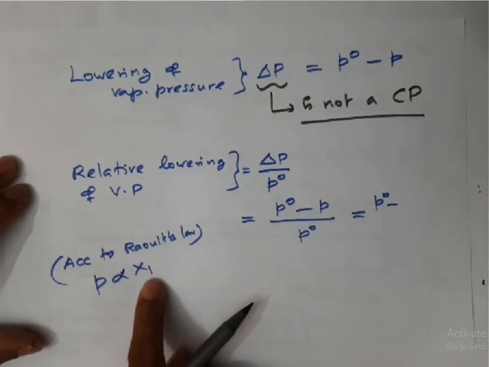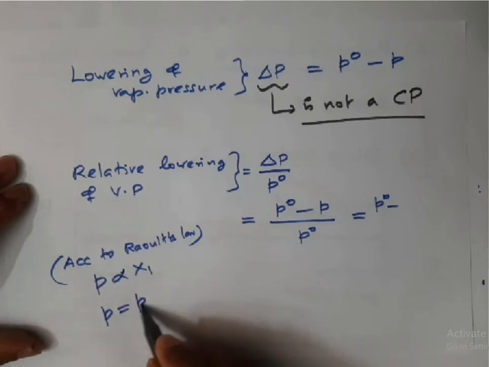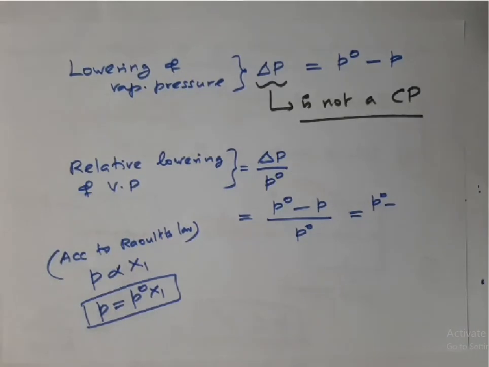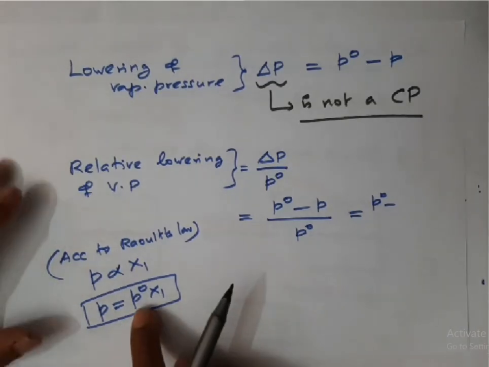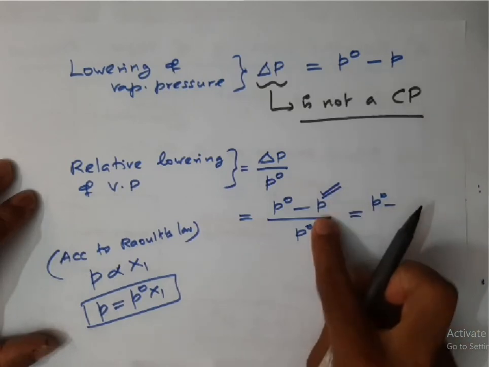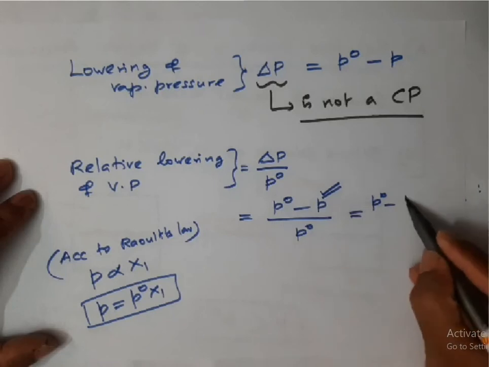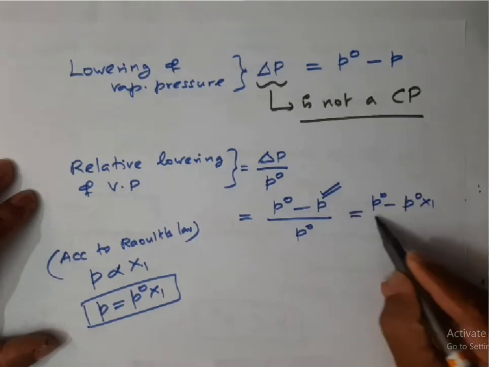Number 1 represents solvent. Or I can also write this as P equal to P naught into X1. From Raoult's law we know this. I am going to substitute this here. In the place of P, I am going to put P naught into X1, so P naught minus P naught into X1, divided by P naught.